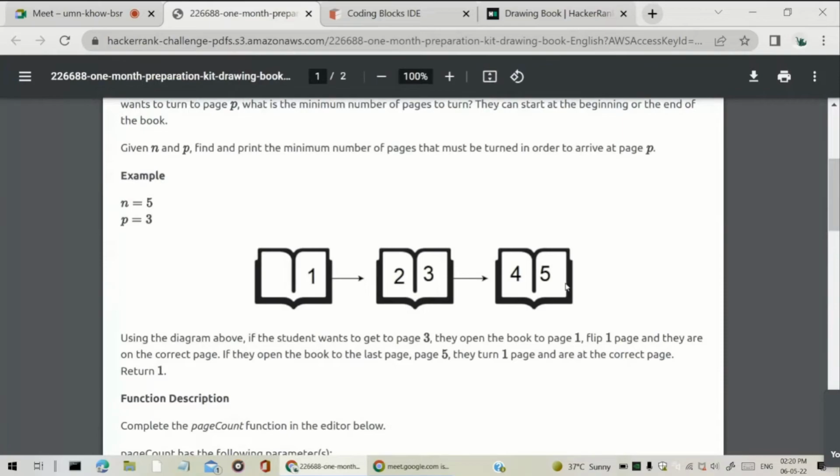So if the number of pages is 5 and the page number we need is 4, then 4 and 5 are on the same page, right? So we don't need to flip any pages here. That's why we are getting the answer as 0.